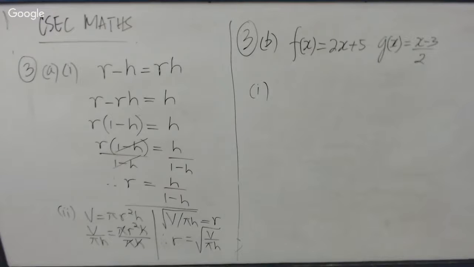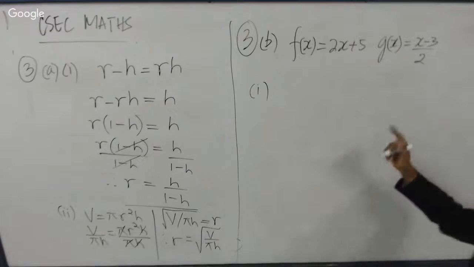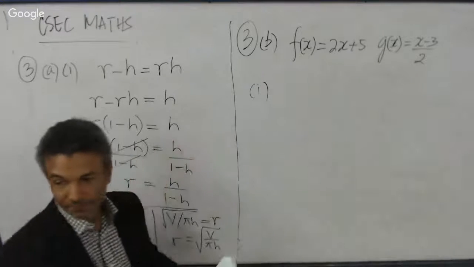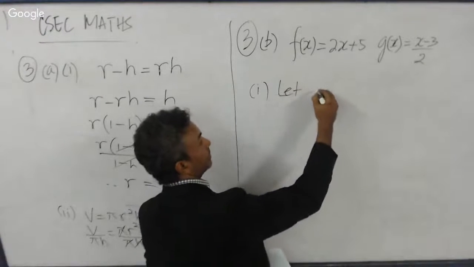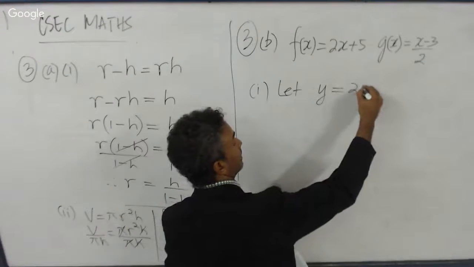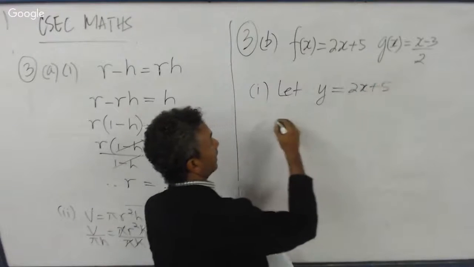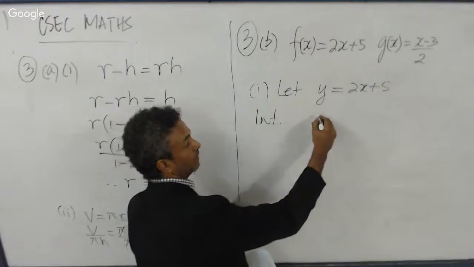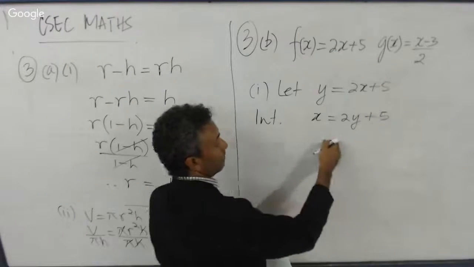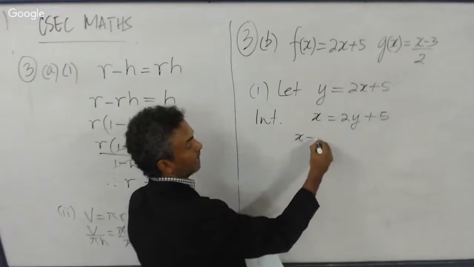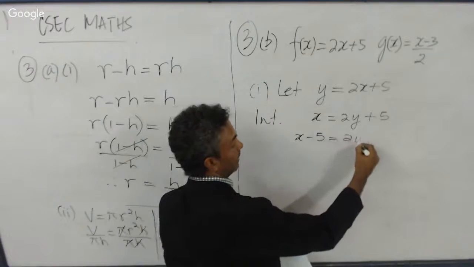Understand? Thanks. All right. So f of x is 2x plus 5. You have different methods. I'll show you one which some students use. They let y equal 2x plus 5, and then interchange x and y. X equals 2y plus 5. Make y the subject. X minus 5 equals 2y.